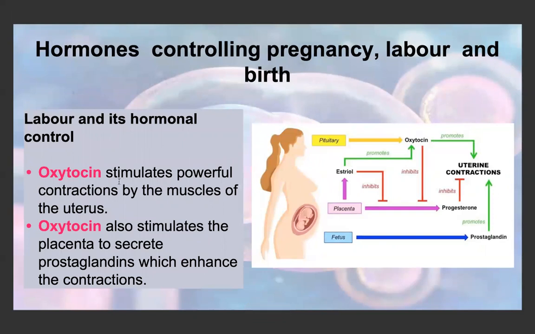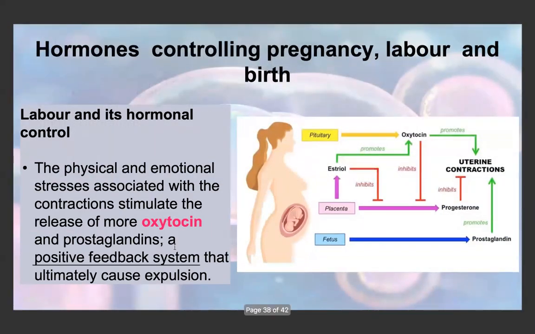Oxytocin stimulates the muscles to contract so that the baby can be pushed out, and it also stimulates the placenta to secrete prostaglandins, which just enhance these contractions as well. The physical and emotional stresses associated with contractions stimulate more oxytocin and prostaglandins. So this is a positive feedback system, and eventually causes expulsion, so birth of the baby.